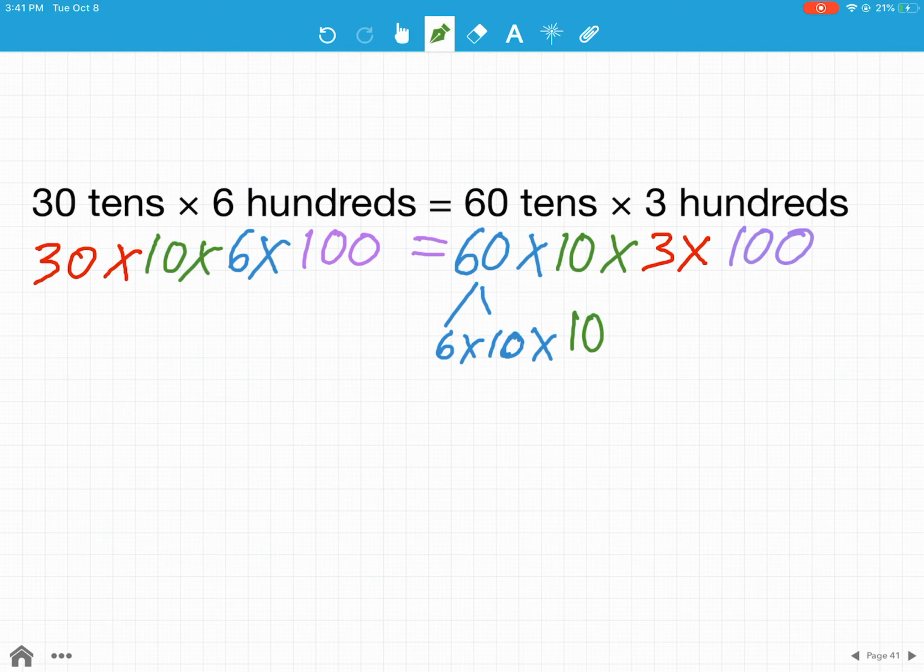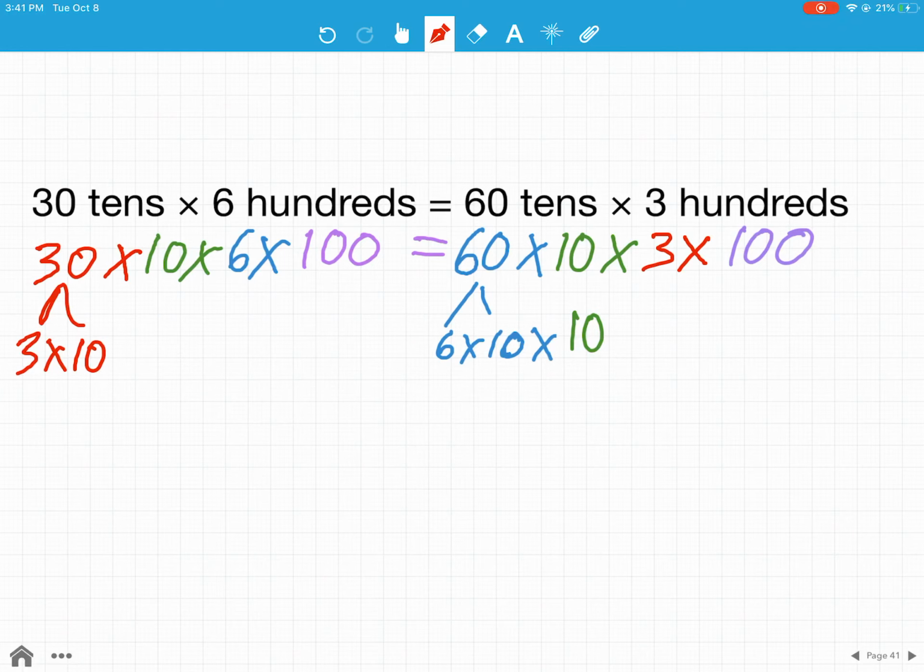So this right here, hopefully you can see already that it's not going to be true. All right, so we can group some things together. We can break some things apart. We have the 3 times the 10.